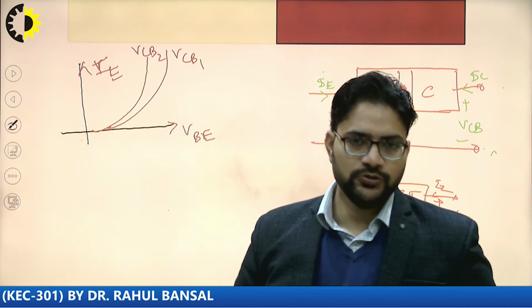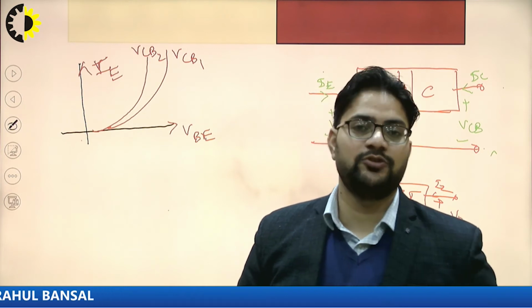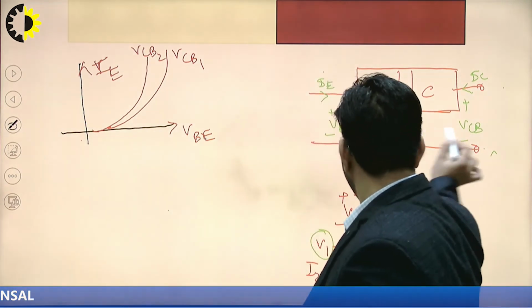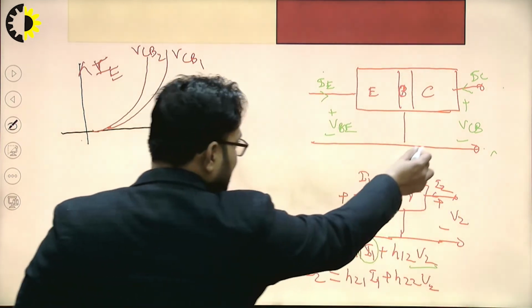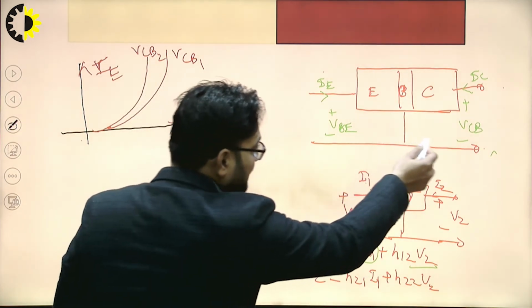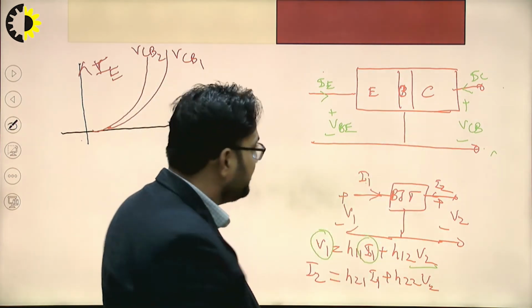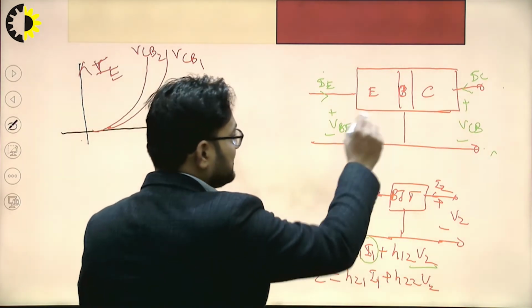So why is it so? It is due to the early effect, that is, base width modulation. If we increase the value of VCB, correspondingly the depletion layer width at the collector base junction will increase more towards the base side.